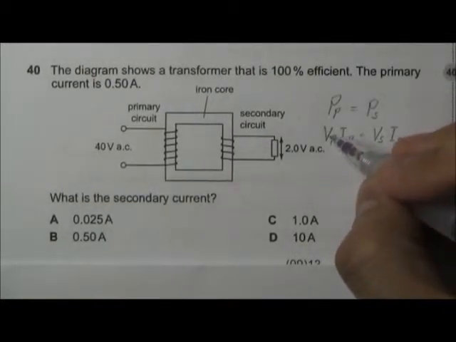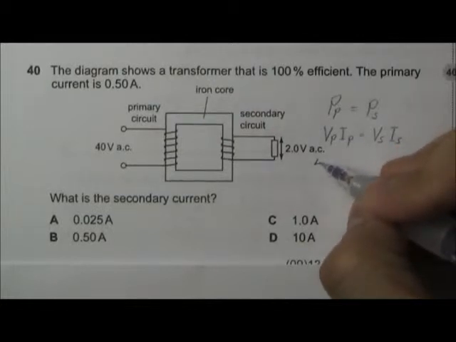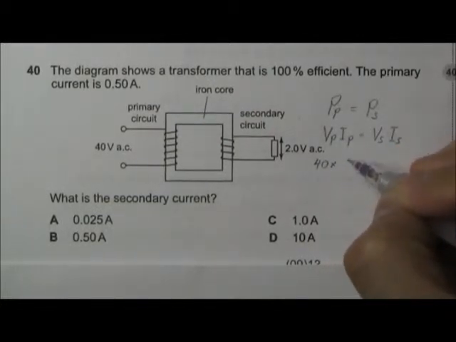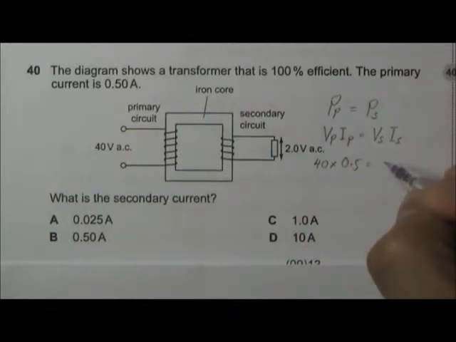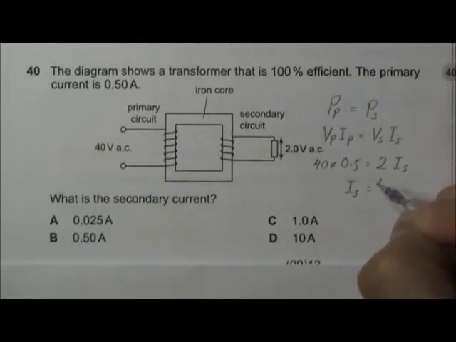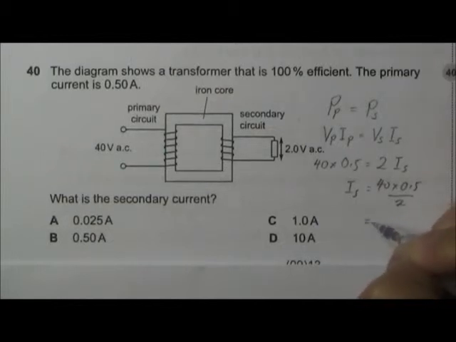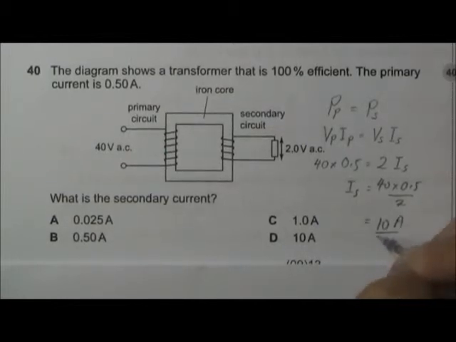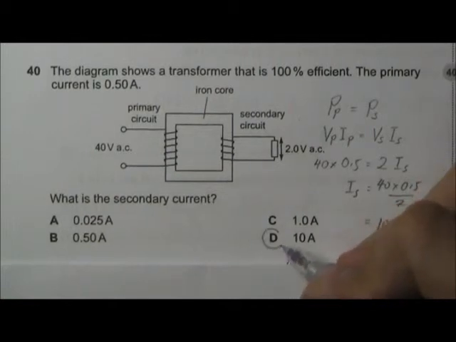The voltage at the primary coil is 40, the current is 0.5, the voltage at the secondary coil is 2, and the current in the secondary coil can be calculated as 40 multiplied by 0.5 divided by 2. This will give us 10 ampere. Answer D.